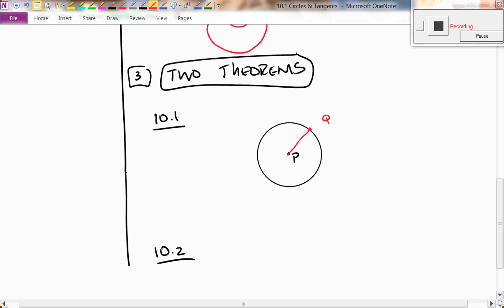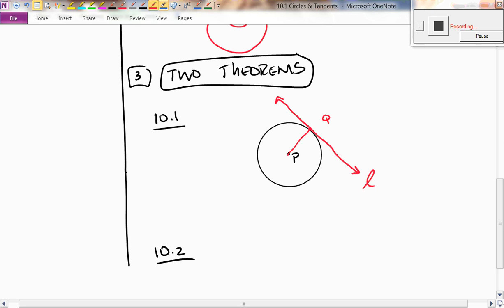And from there, we're going to draw a tangent line at Q and tangent to P, and we're going to call this line L.